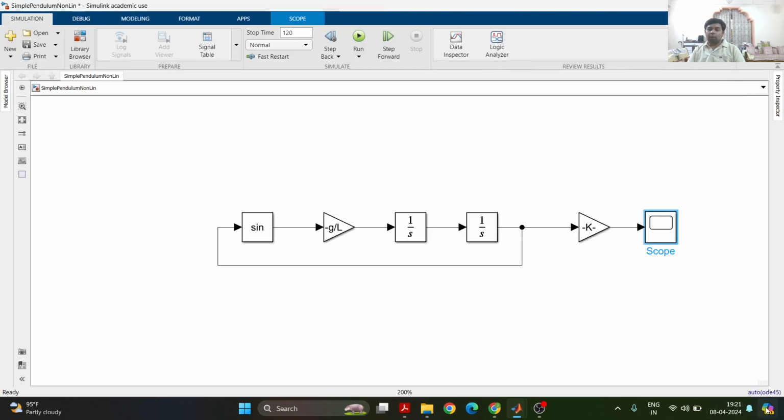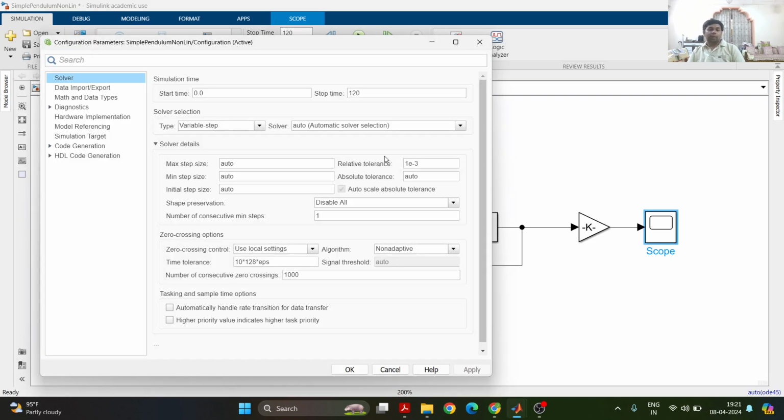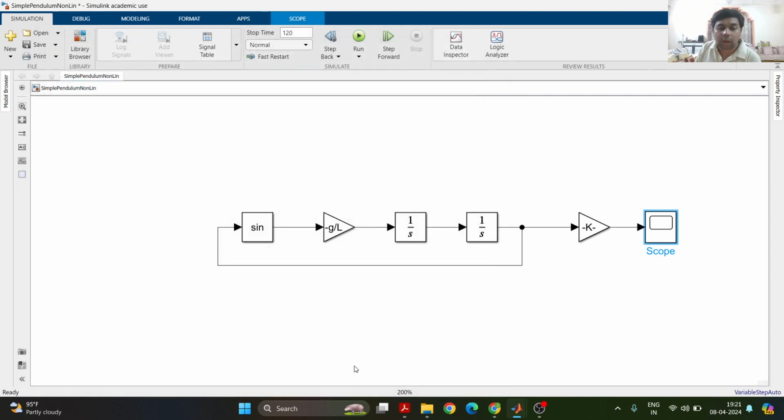So we might consider changing the step size. If we hover the cursor over here, we can see that it has selected the maximum step size as auto, 2.4. Are you able to see that? Yeah. So we can try to tweak that. This doesn't seem to be that good, so we can try to reduce the step size and rerun the model.